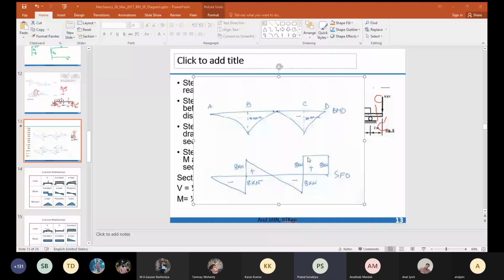Sir, I got the SFD right, sir. Can you please tell how to make the BMD quickly? How to get the BMD? Yes, what is your question? How to make the BMD quickly, sir?